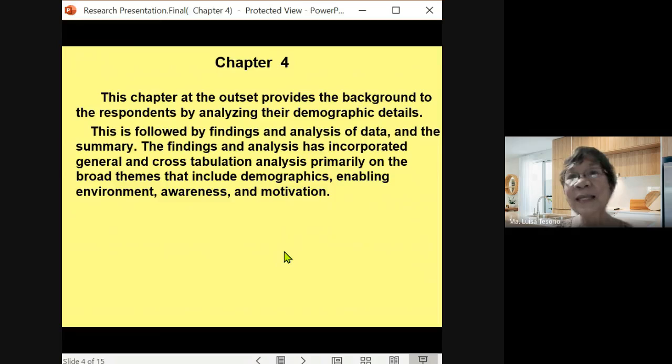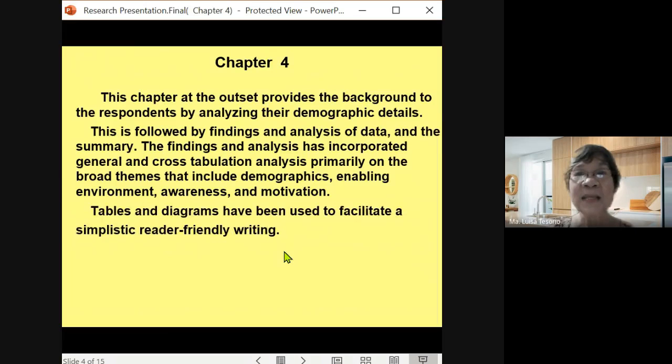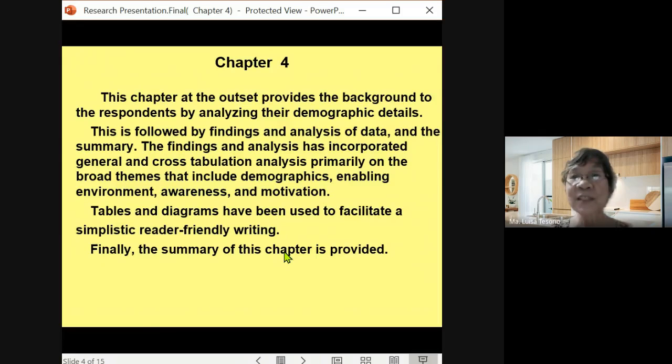The findings and analysis has incorporated general and cross-tabulation analysis, primarily on the broad themes that include demographics, enabling environment, awareness, and motivation. Tables and diagrams have been used to facilitate a simplistic, reader-friendly writing. And finally, the summary of this chapter is provided.